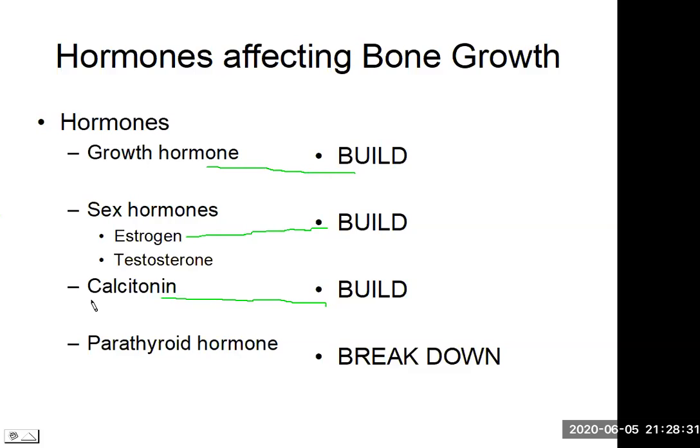And calcitonin here in particular, by decreasing osteoclast activity. If we slow down the osteoclast activity, it's easier now for osteoblasts to build up bone density because we're not breaking it down as rapidly.